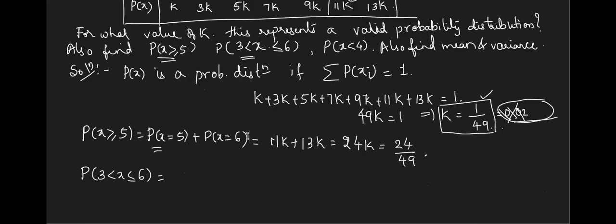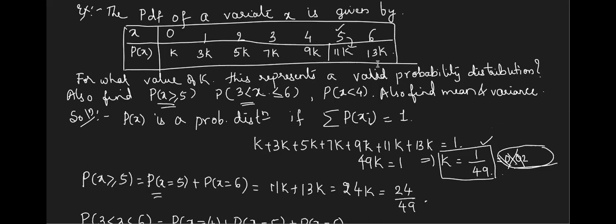So how to write this part? What are the values of x lying between 3 and till 6? Means x equal to 4, x equal to 5 and x equal to 6. This happens if it is a discrete random variable.